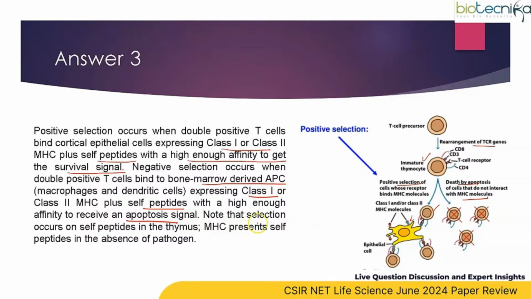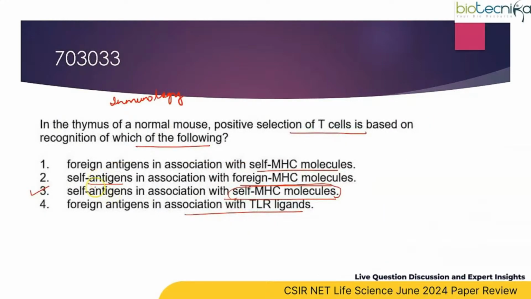Here you have to note that selection occurs on self-peptides in the thymus. MHC presents self-peptides in the absence of pathogen. That is why option 3 is correct. First, why is it incorrect? Foreign antigens in association with self-MHC. No, it is not foreign antigens, it is self-antigens. Again, self-antigen with foreign MHC. No, it is the self-MHC. So 1 is incorrect, 2 is incorrect.